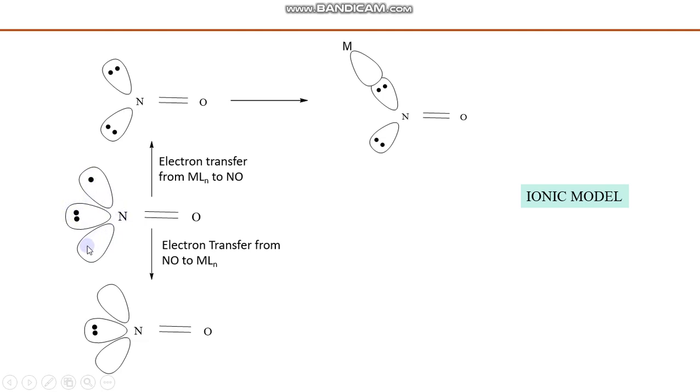The energy of pi star orbital is more than sigma star, so the electron which has been accepted by nitrogen from a metal center is actually in pi star orbital, and this is the lone pair which was already present on nitrogen. This is sigma star orbital. The energy of this orbital is more than this one.